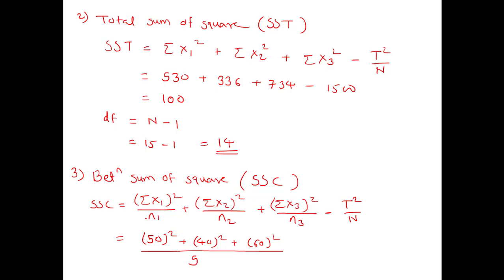So n1 means the number of elements in first sample, n2 means number of elements in the second sample, and n3 is the number of elements for third sample. So in each sample we have 5 elements, so that's why in the denominator the value is 5, minus this 1500 correction factor.